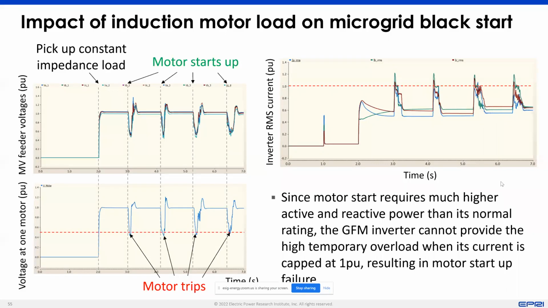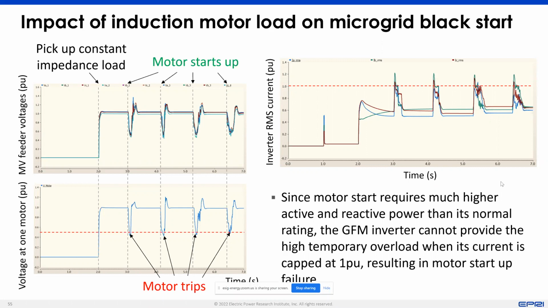For this base case, we have a grid forming inverter whose current is capped at 1 per unit, which means it limits its current output to only 1 per unit. Now, if this is the case, then what will happen in the system is, at this 2 second mark, you start the grid forming inverter and then connect the load on the feeder.